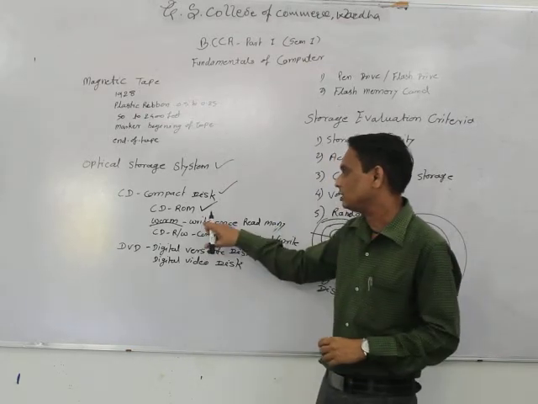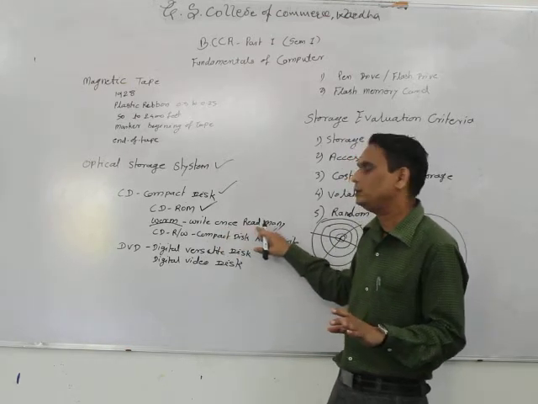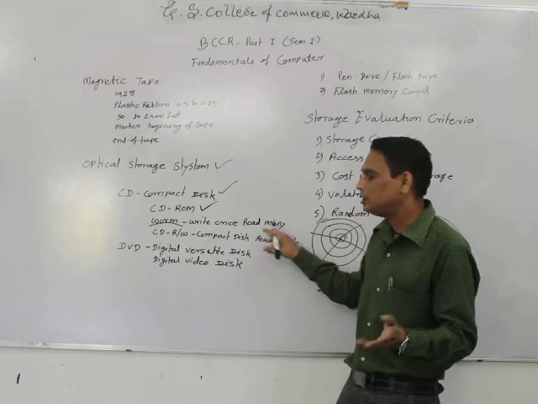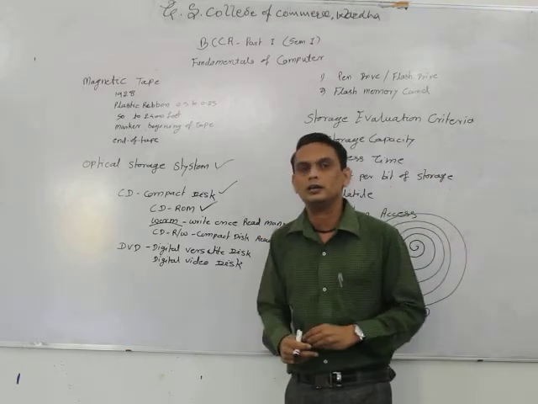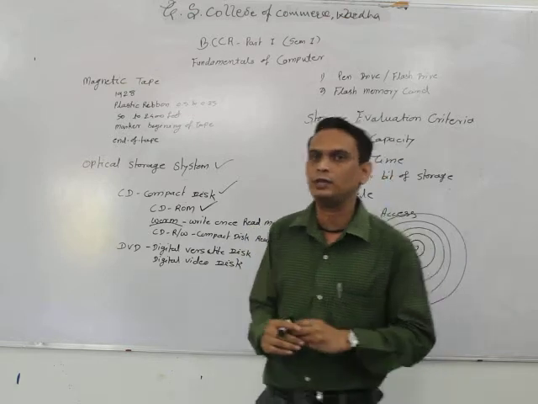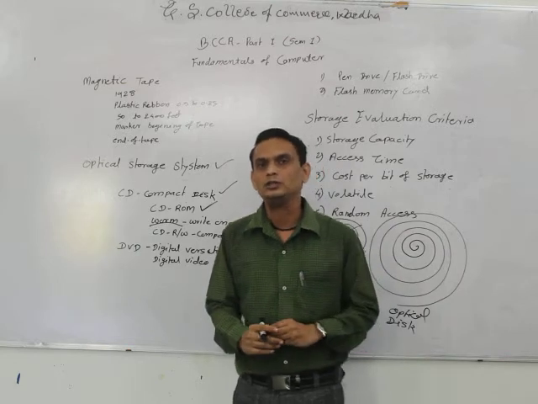Therefore, it is called write once. We can burn once but cannot write again and again. We can read that particular data again and again, whenever and whatever data we need, we can access it, but the data should be on that particular CD.